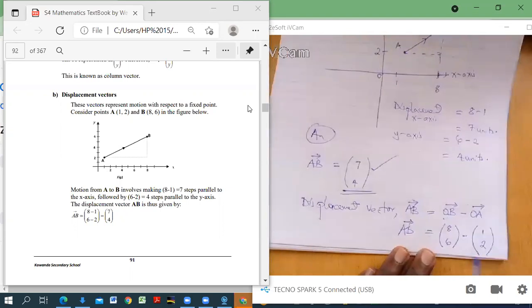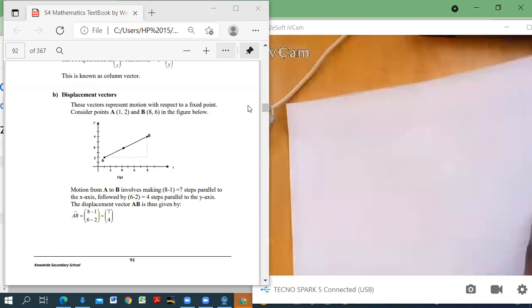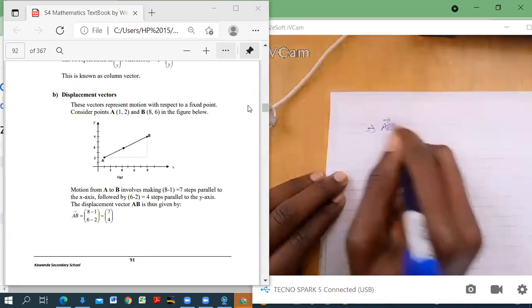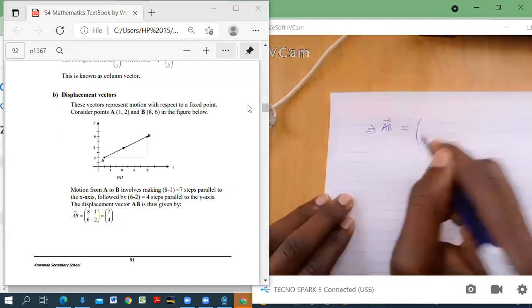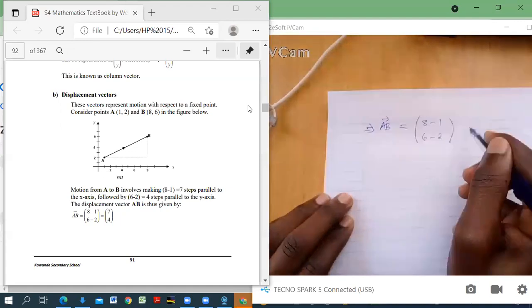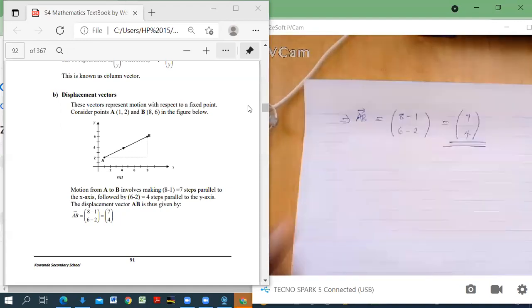When you are subtracting here, we subtract corresponding elements, x minus x, y minus y. So when you subtract that, what do we get? Our AB will be equal to 8 minus 1, then 6 minus 2, which will give us 7 and 4.